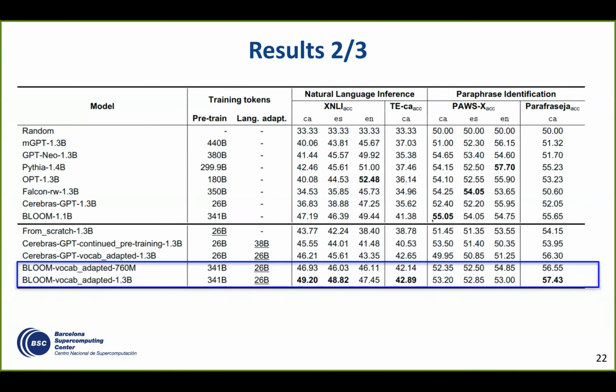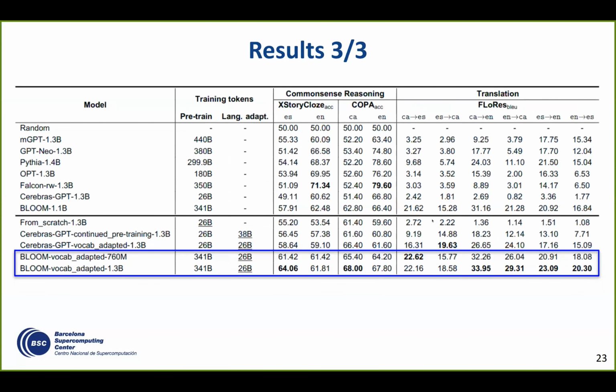If we go to natural language inference and paraphrase identification, it's again the same except for POSIX, where the results are quite close to random and they do not seem to manage to do it well. If we take the results of common sense reasoning and translation, we also seem to perform well on those, but translation seems the best one. Bloom models perform amazingly well in translation tasks.